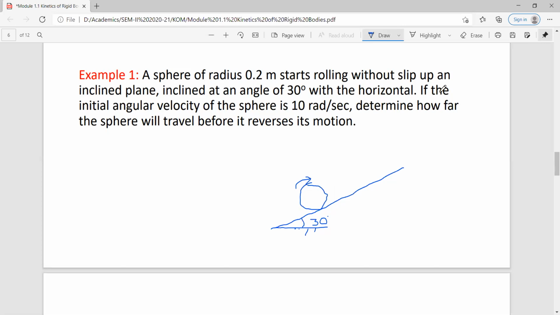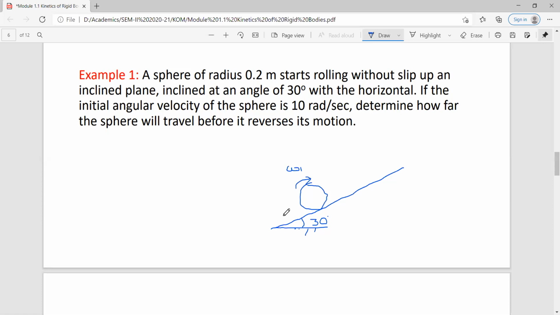If the initial angular velocity of the sphere is 10 radian per second, okay, means the velocity with which it is rotating is your omega 1, which is given as 10 radian per second. Determine how far the sphere will travel before it reverses its motion.